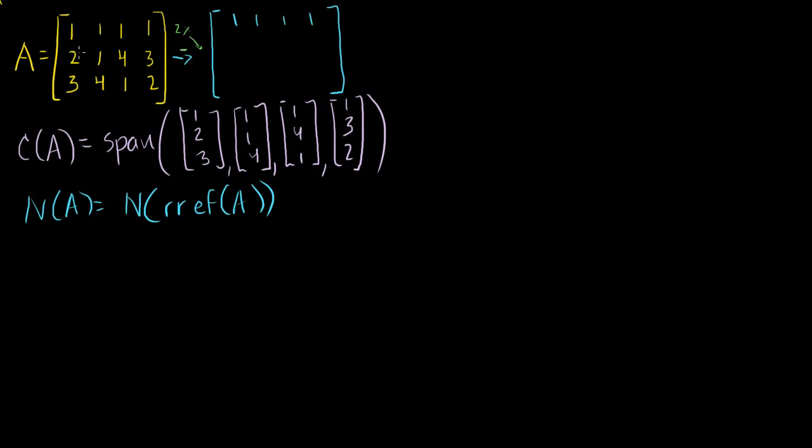So 2 times 1 minus 2 is 0, which is exactly what I wanted there. 2 times 1 minus 1 is 1. That's nice to have right there. 2 times 1 minus 4 is minus 2. 2 times 1 minus 3 is minus 1.